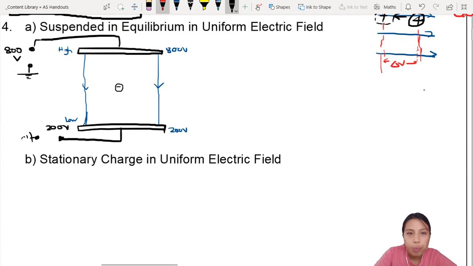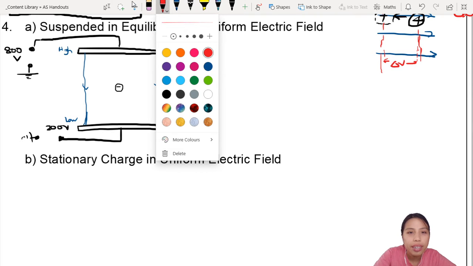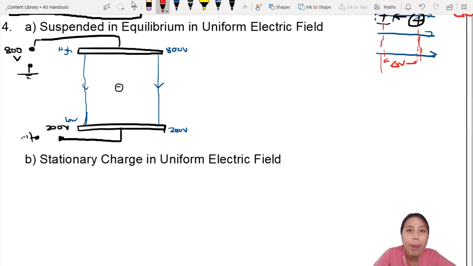So what is the electric field strength here? We can calculate that. But this charge will experience a force in which direction? Normally, if it's positive, you follow the direction of the arrow. But this one is a negative charge, a rebel charge, so the force will be in the opposite direction, Fe.